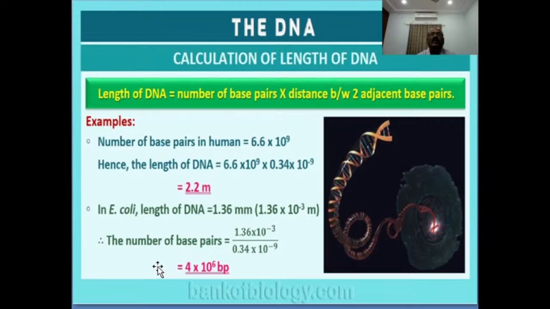So the length of DNA we can calculate by the number of base pairs into the distance between two adjacent base pairs. The distance between two adjacent base pairs is 0.34 nanometers or 3.4 angstroms.